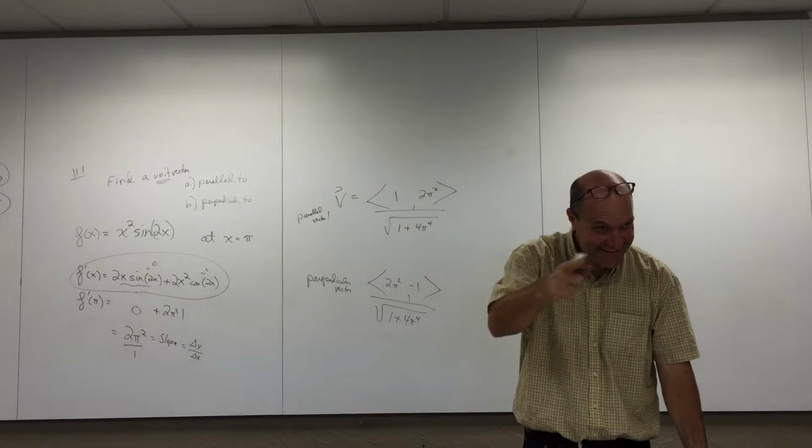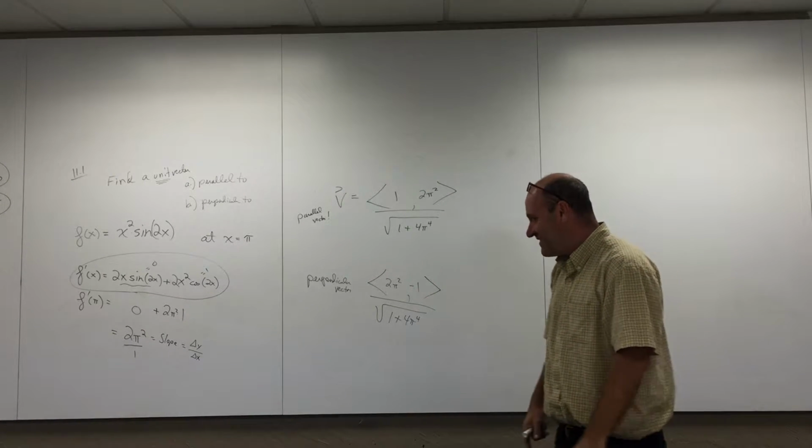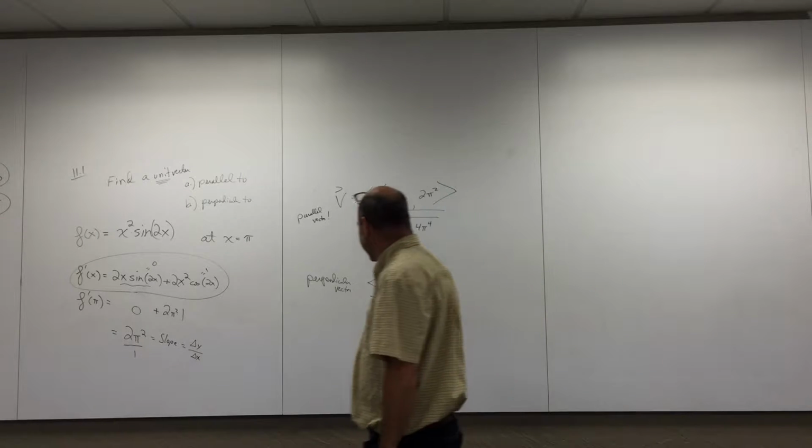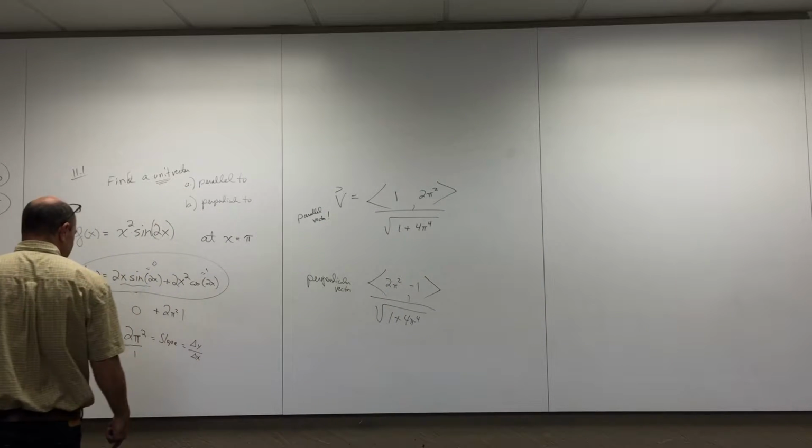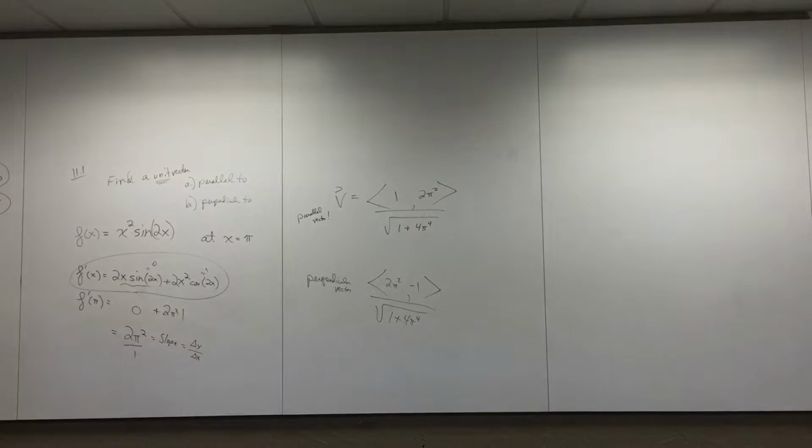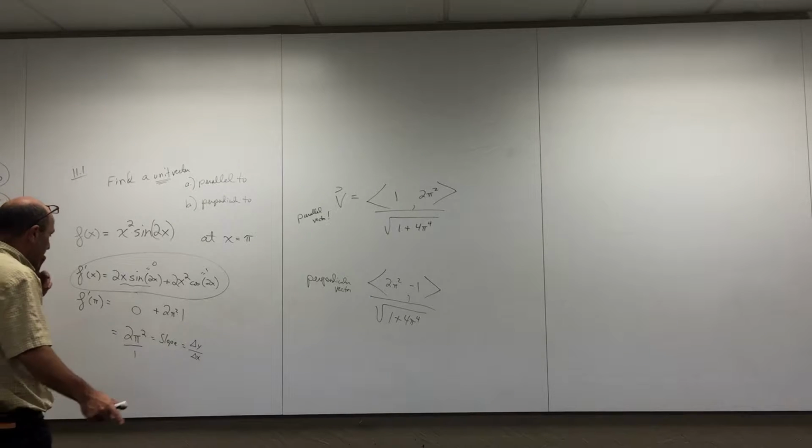I was working through it while you were doing it. And I take it, as you pointed out about the slope, you can literally go from slope to vector instead of going through the long process I did on Friday. You're right.